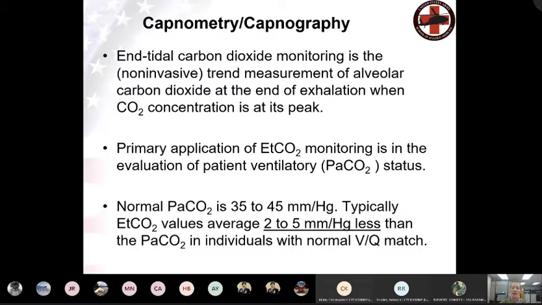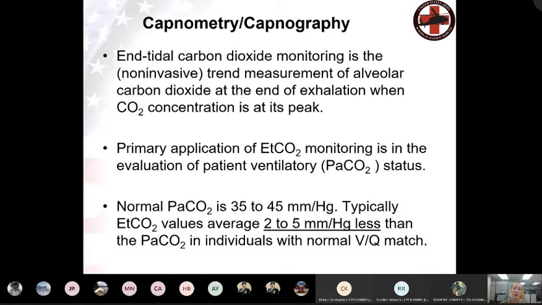Now, it gives us an idea of a patient's ventilatory status. We typically default to saying that the end-tidal is 35 to 45, but we need to be cautious with this. The normal PaCO2 is actually 35 to 45 millimeters of mercury, and end-tidal is going to average 2 to 5 millimeters of mercury less than that PaCO2 in individuals with a normal VQ match.